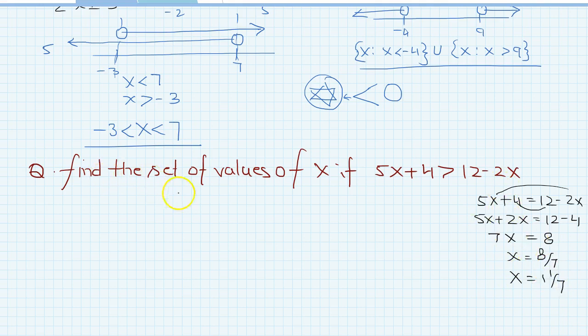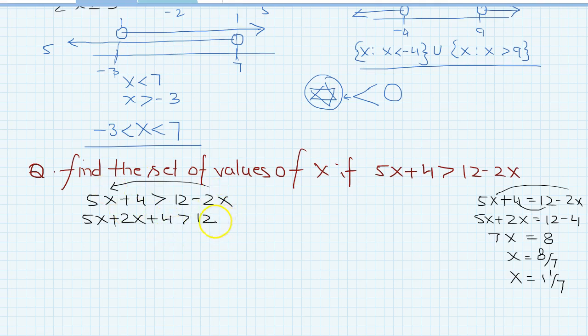In the same way, I am going to solve this inequality here. So 5x plus 4 is greater than or equal to 12 minus 2x. I'll take this 2x this side. So 5x plus 2x, plus 4 is greater than or equal to 12. I've just taken it to this side.